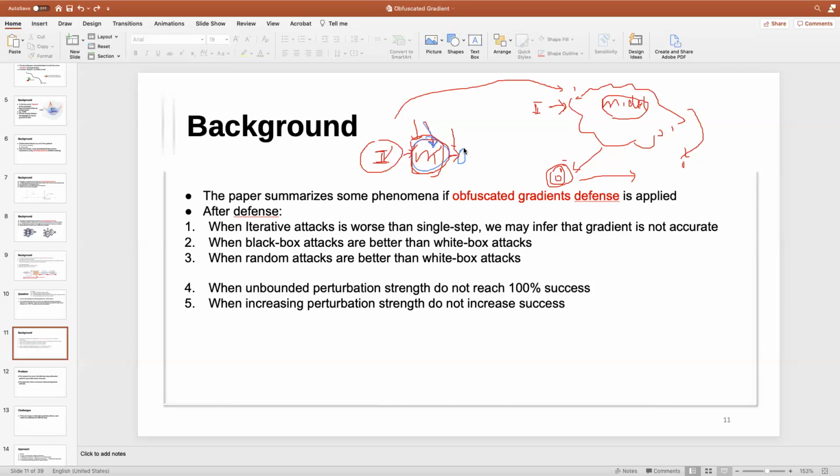Okay. Can I ask you one question? Does it mean that the output generated by M prime will defeat the model on the cloud? So if we can defeat M prime, does it mean we can defeat the model on the cloud? Yes. Okay.